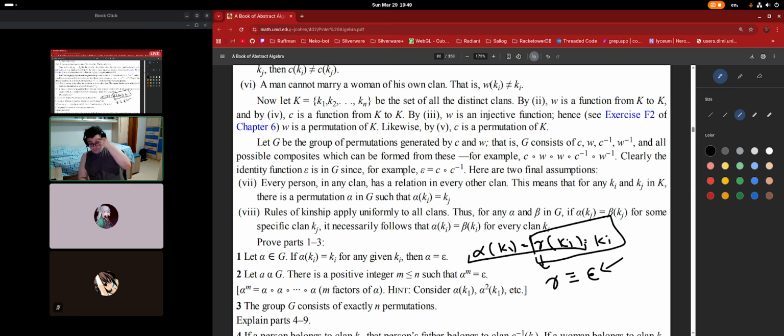Repeat the second part again, please. The premise from exercise 1 is there exists some ki such that alpha of ki equals ki, and it's asking you to prove alpha equals epsilon from that. Plus the assumptions we have above.